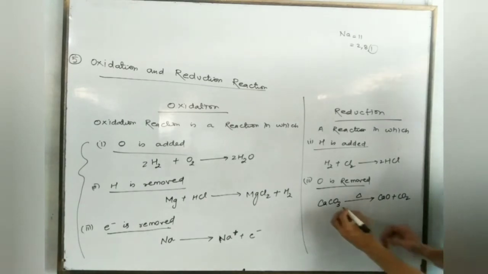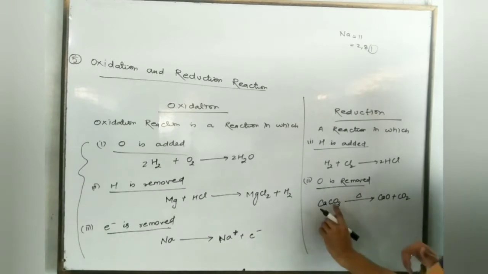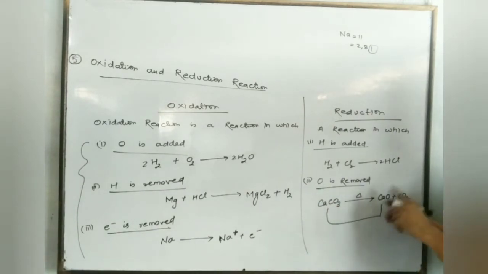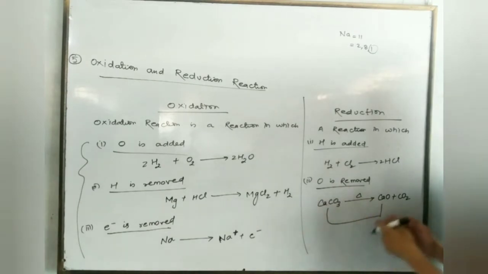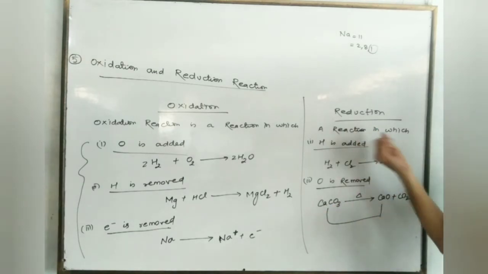So here the number of oxygen atoms is 3 with calcium, and after the reaction 2 oxygen are removed and only 1 oxygen is left with calcium. So here reduction takes place because the number of oxygen is reduced. 2 oxygen are removed from calcium carbonate. Okay, so this reaction is known as a reduction reaction.